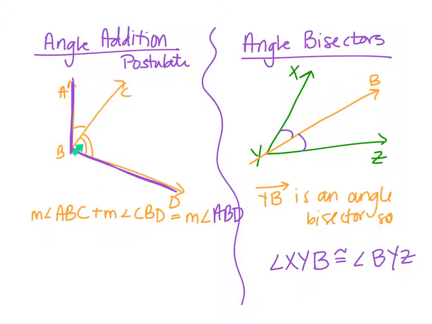I just know that they're both smaller pieces that come together to create a larger angle. So because I don't know that they're the same, on one angle I used a single arc, and on the other angle I used a double arc to denote that they may have different measurements, or that they do specifically have different measurements. All right, so make sure you have all of those in your notes. You need to have all pictures drawn out, all definitions written out, any examples that we did, and we will work on some problems together tomorrow.